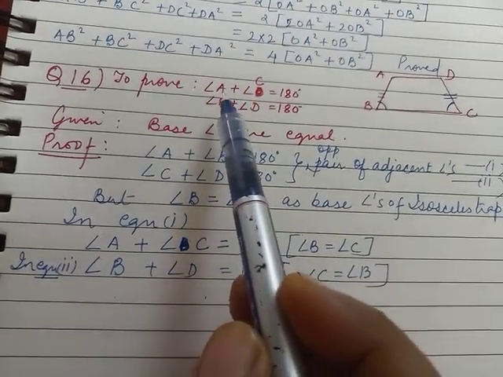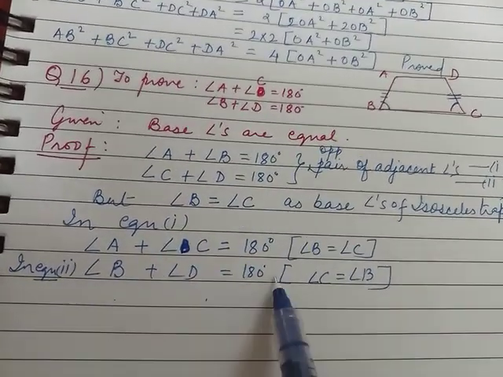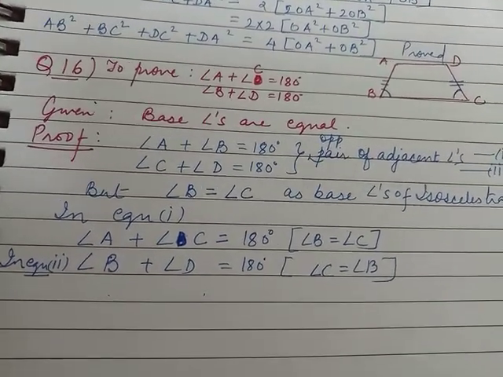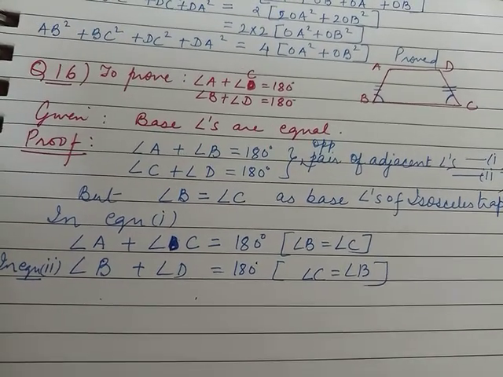We were supposed to prove angle A plus angle C is 180, angle B plus angle D is 180. So we proved that the opposite angles B and D are supplementary.